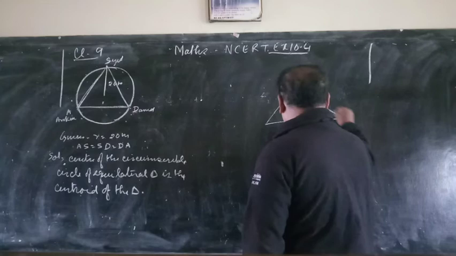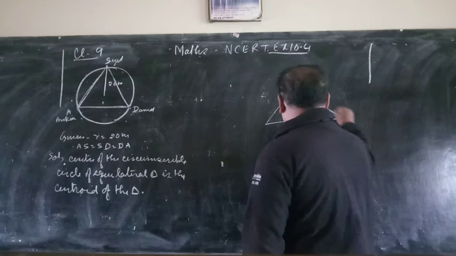So here we write: SM is the median and height of the equilateral triangle. This fact is only true for an equilateral triangle. In other triangles it is not true that medians are the height of the triangle. It is true only in the case of an equilateral triangle.